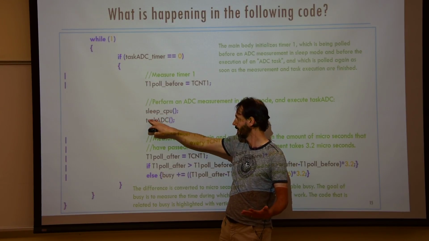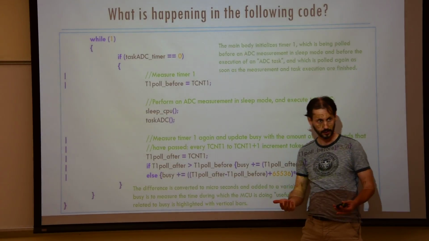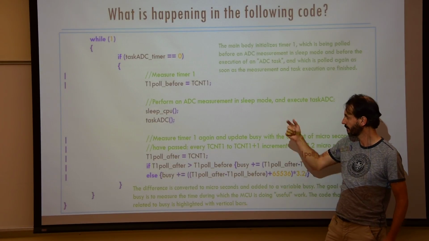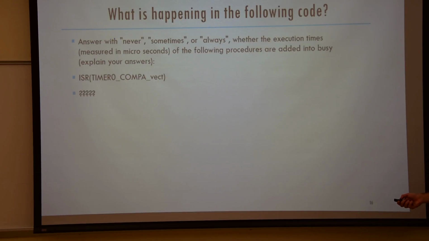So the execution of task ADC during its whole execution, TCNT1 will be incrementing all the time. So why do I put a question like this out there, and with a similar one I think in one of the problem sets? It is because it will make you think about the internal working of all these different hardware modules and how they influence one another. In this particular case, the execution flow.